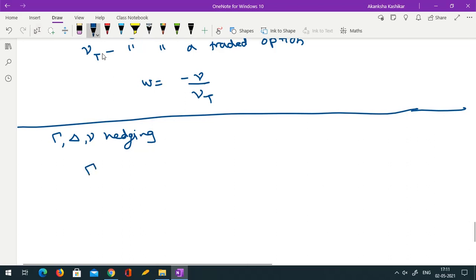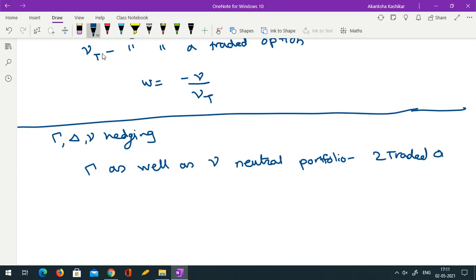Otherwise you can never make both things 0 simultaneously. When you make vega 0, gamma would change. If you try to make gamma 0, vega would change. So you need at least 2 traded options. Let us consider one example of that type. Suppose gamma of a portfolio is 5000 and vega of a portfolio is say 8000.